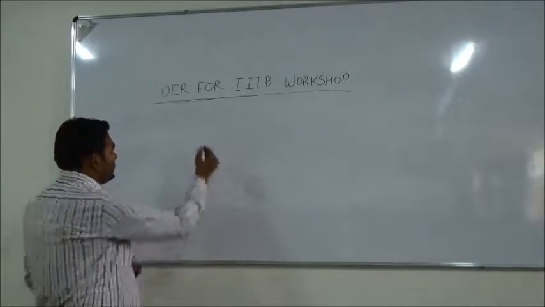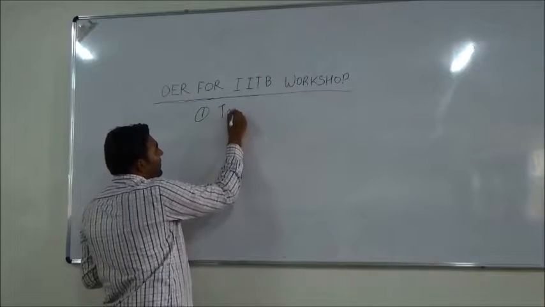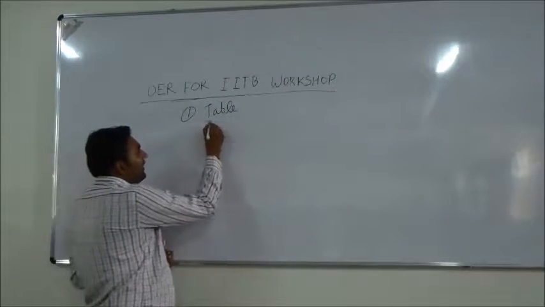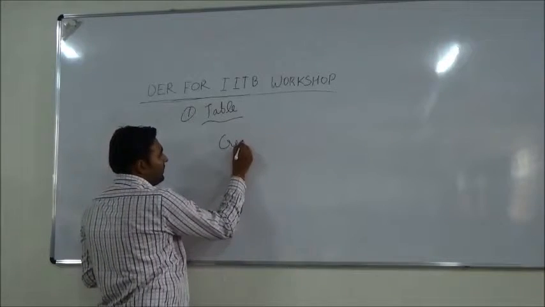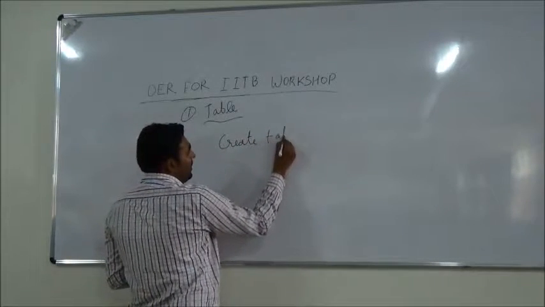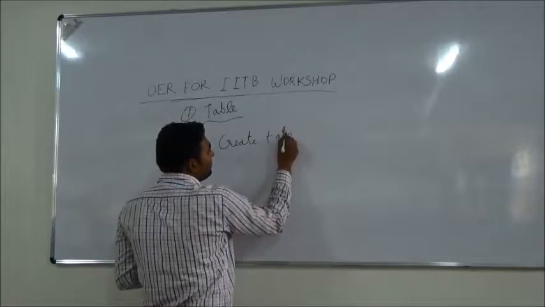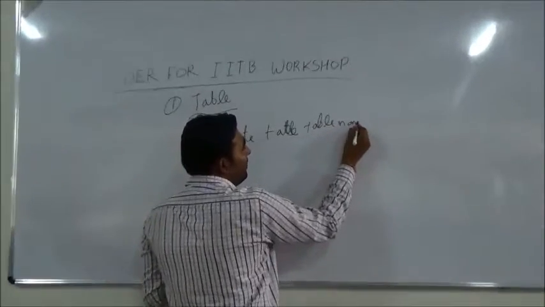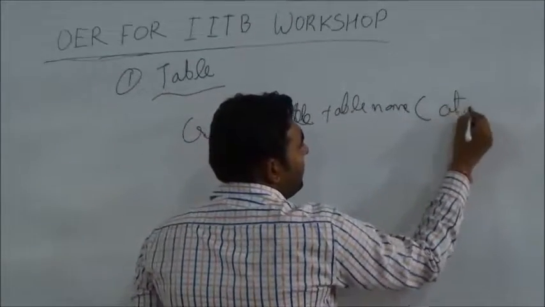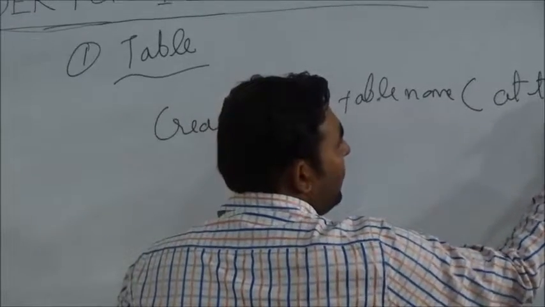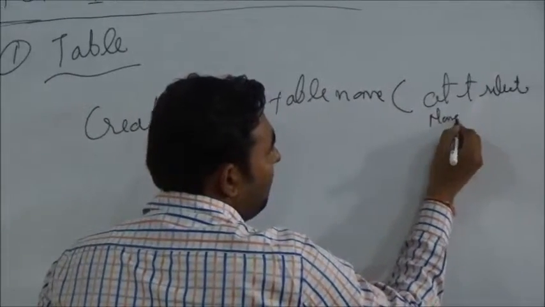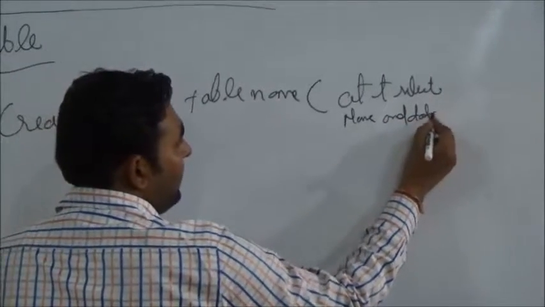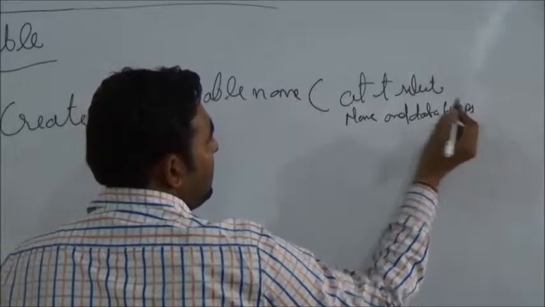The first thing is how we can create a table. The basic syntax for creating a table is: create table, then the table name, then attribute name and data type.